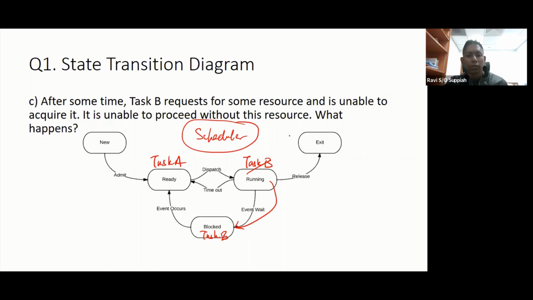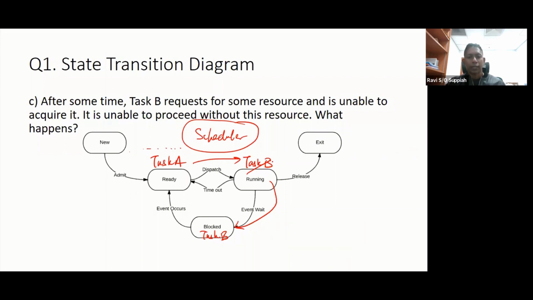The scheduler will look at all the tasks in the ready queue. Like I said, you can have a lot of tasks in the ready queue, and it will select the task which is the highest priority. If task A is the highest priority in the queue, then task A will transition over. If there's some other task that is higher priority, then that task will transition over.